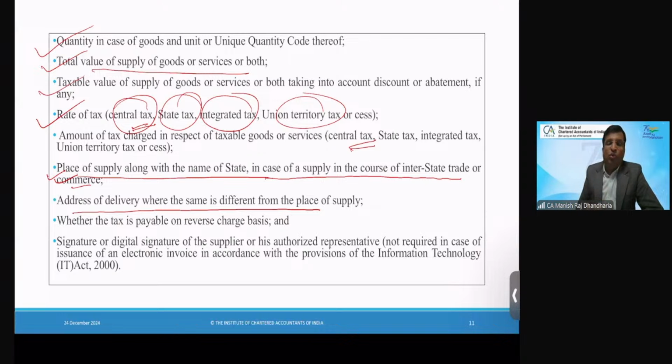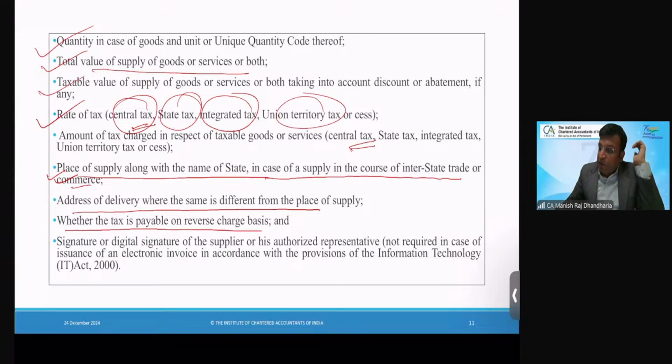So what will I do? I will make my invoice to Mr. A in Gujarat. I will write place of supply Gujarat, but my address of delivery will be Maharashtra. So there is a possibility that place of supply and address of delivery are different. Okay.